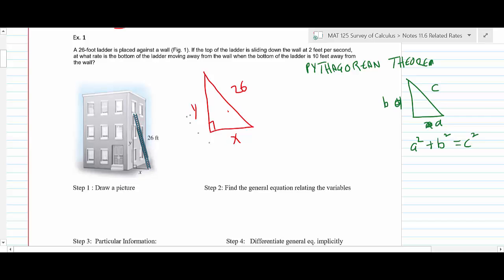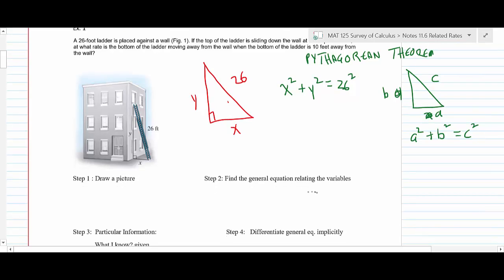These are the legs, so you're going to say x squared plus y squared equals 26 squared. So you need to get that written down. That's the general equation that relates these variables. We're going to do something with that. And you can go ahead and do 26 squared. We might as well get that out of the way, and that's going to be 676. So this is going to be pretty straightforward on this example.